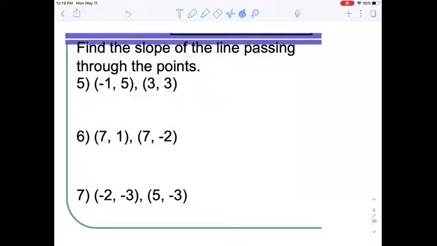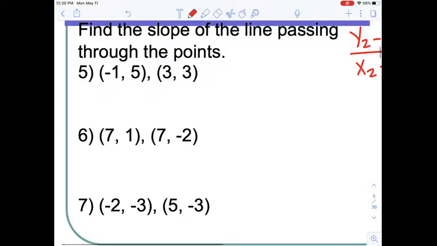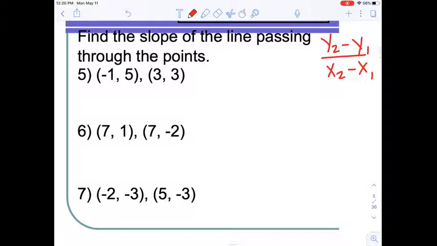And then these last few are finding the slope with points. So when you're given a graph, use rise over run. It's definitely the easiest. When you're given 2 points, you're going to use this formula y2 minus y1 over x2 minus x1. And then I'm going to label these first points as x1, y1, x2, y2.